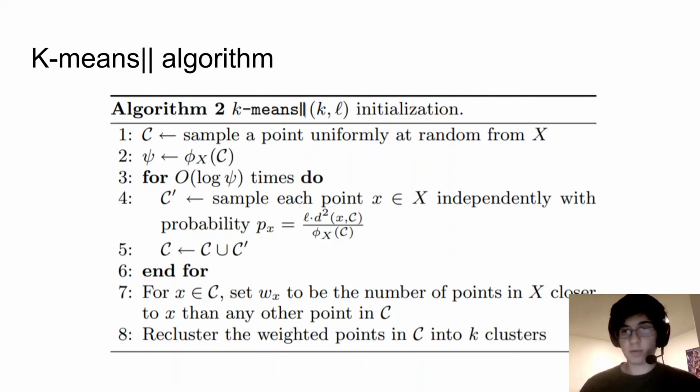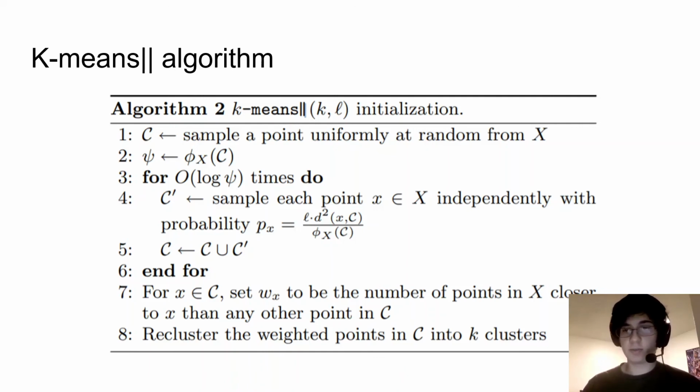So now we can look at the algorithm, and the first step is the same as k-means++: pick the first center. Second is psi, that factor that determines the number of iterations. It seems like an odd restricting factor for determining the number of iterations to do, but it has provable guarantees.